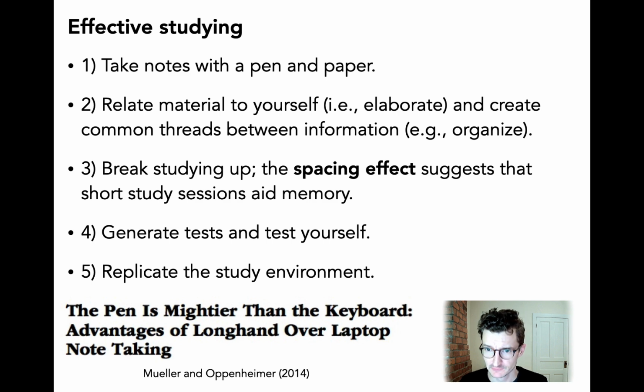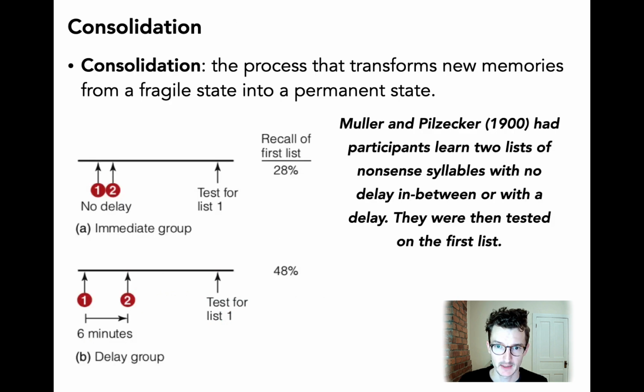So we've discussed at the behavioral level how you encode, how you commit new information to memory. Now we're going to talk a little bit about the biology, what's happening in the brain. I'll refer to a process known as consolidation, which is the transformation of new memories from a fragile state into a permanent state.